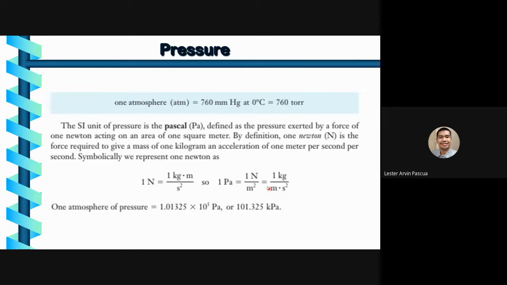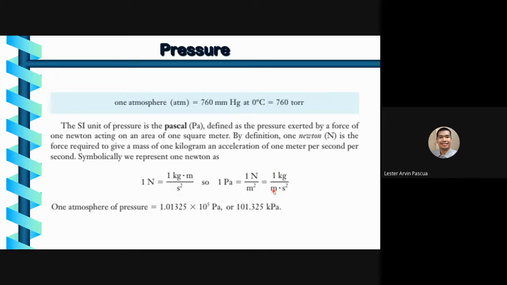But our SI unit is meters. So with meter squared, we can cancel one meter here, and another meter here. The equivalent of one Pascal, your SI unit for pressure, is 1 kilogram per meter second squared.